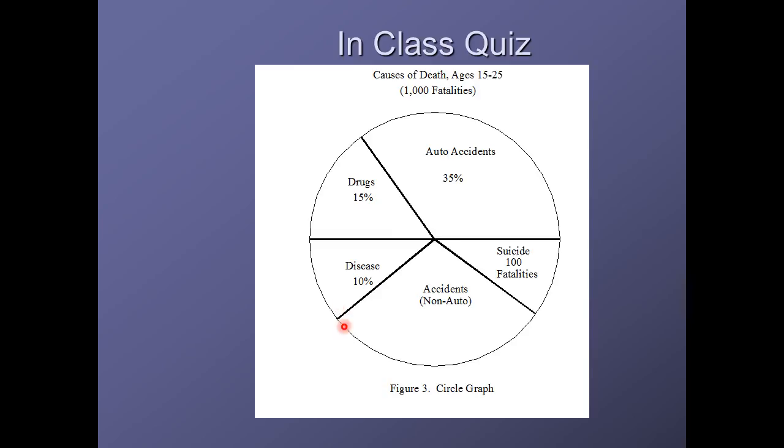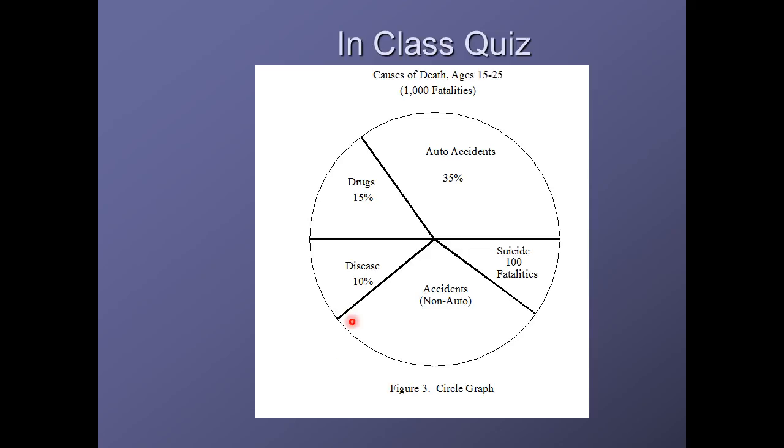Now here is another example, given a circle graph. This represents the causes of death of ages between 15 to 25, pretty much young ages. Its total is 1,000 fatalities on our list.